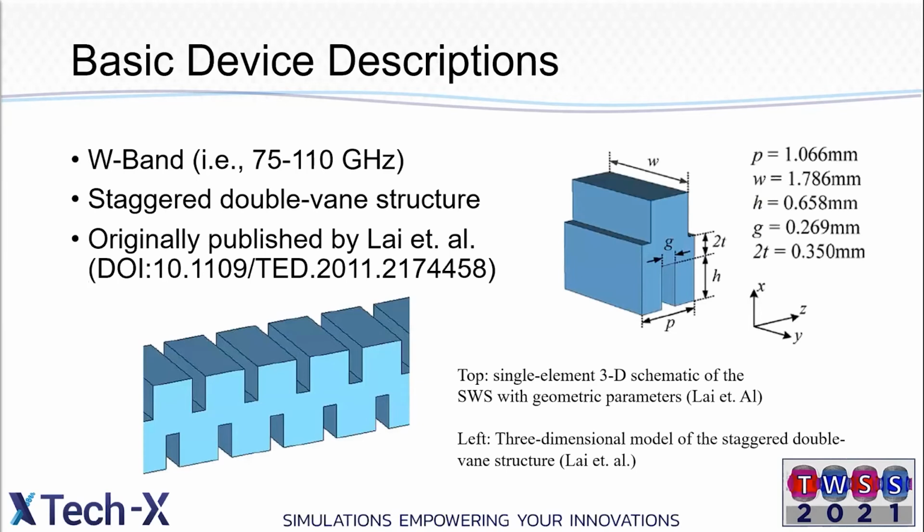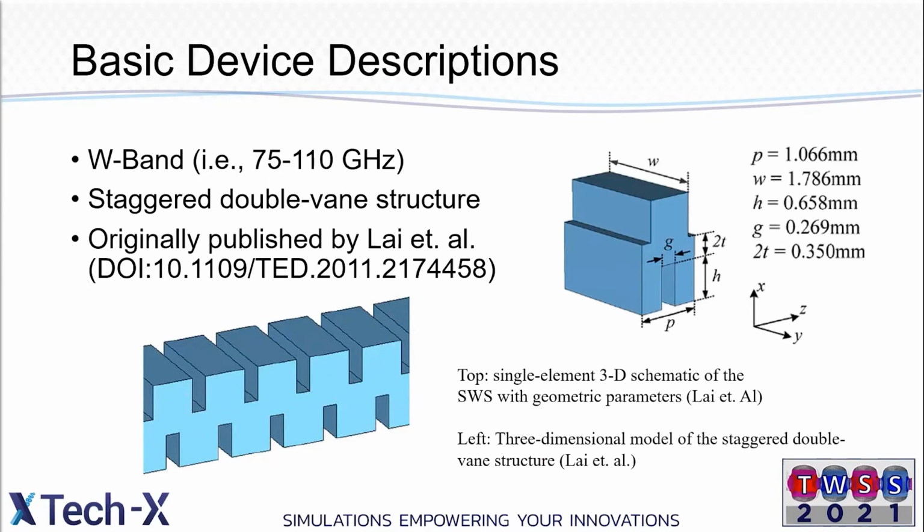Some basic device descriptions. This is a staggered double vane slow wave structure that is designed for the W band, or 75 to 110 gigahertz. This structure doesn't cover the entire W band, but it covers a significant portion of it, so it's a wideband structure.